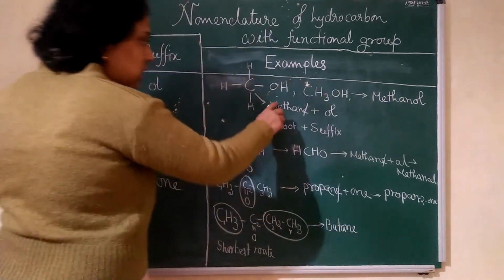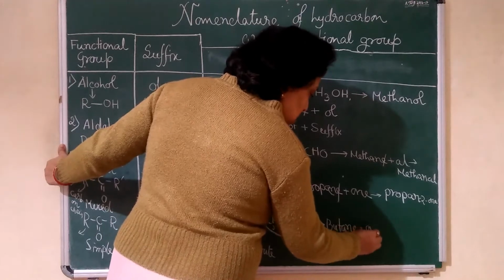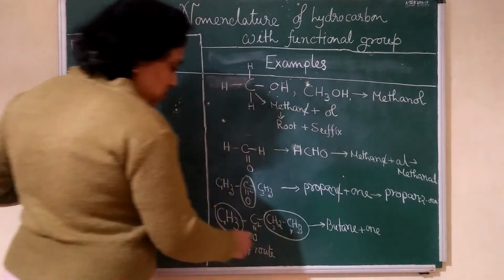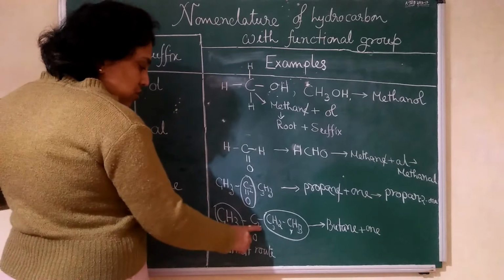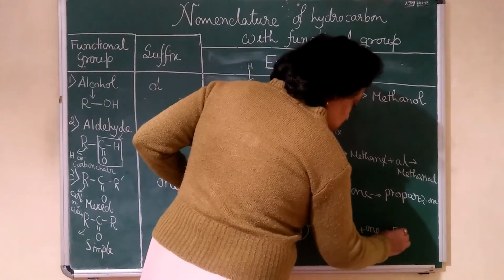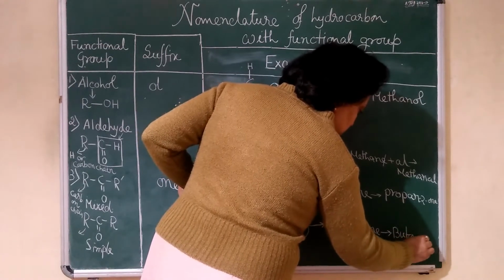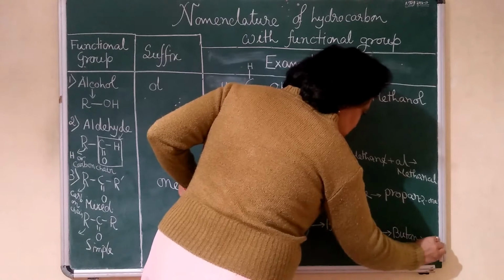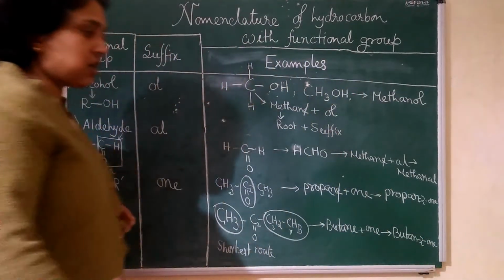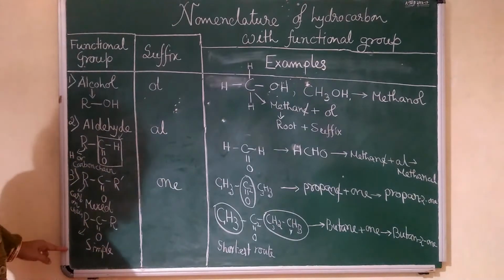Butane is the root, and then plus the suffix ONE. Now in between you have to give the position, 2. So it is butan-2-one. So these 3 functional groups we have done.